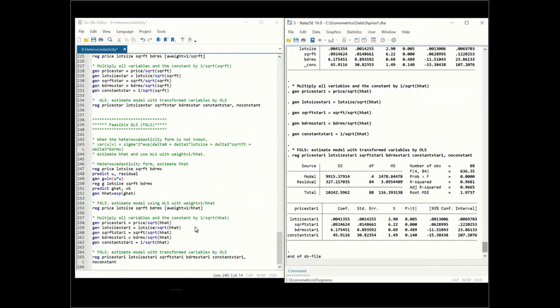So this is what we would do if we don't know the form of heteroscedasticity and we want to calculate the feasible generalized least squares. We would come up with this h hat correction factor and then use 1 divided by h hat as the weight in the regression. Overall, this is how to do heteroscedasticity tests.